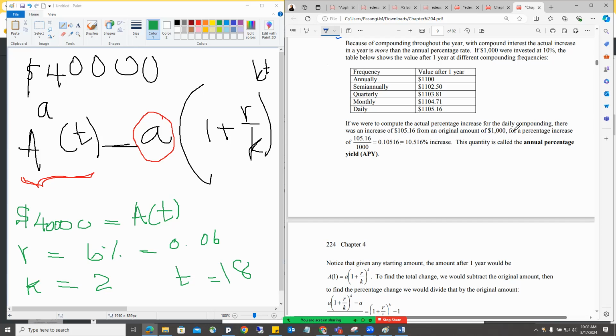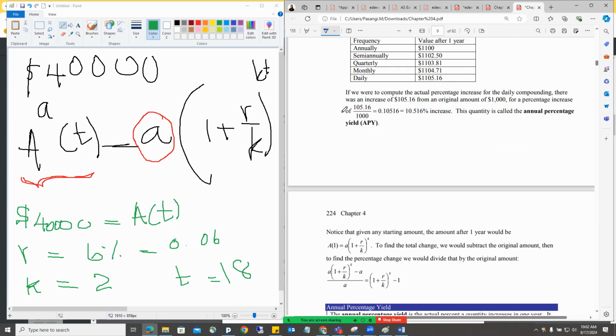So if we wanted to calculate the percentage increase, then we need to divide this difference, the value which we increased, by the initial value, that is 1,000. So then we have that increase rate as 10.516. So we call this the annual percentage yield. That's what we call APY. Okay, that's fine.